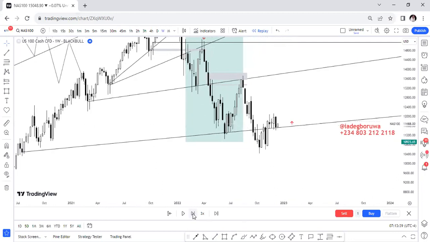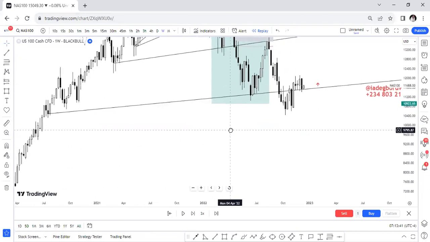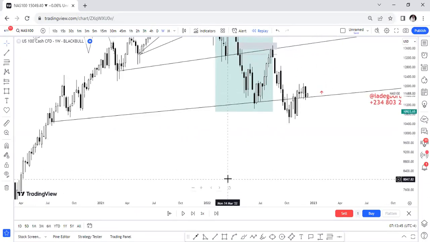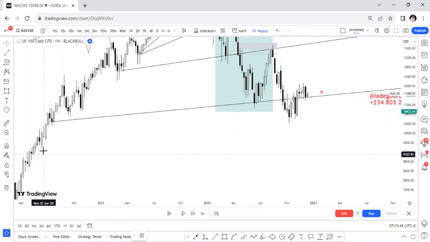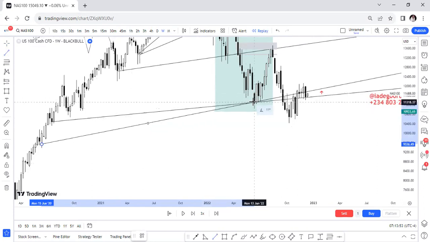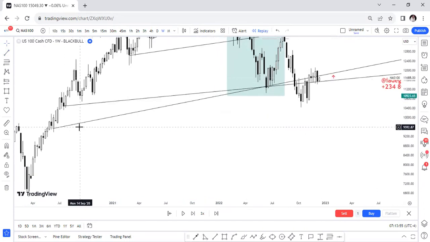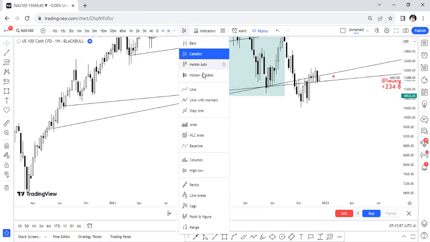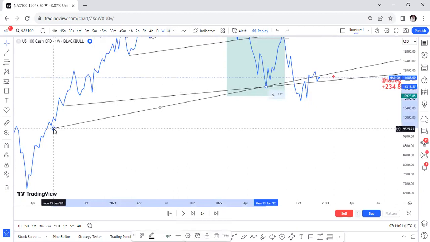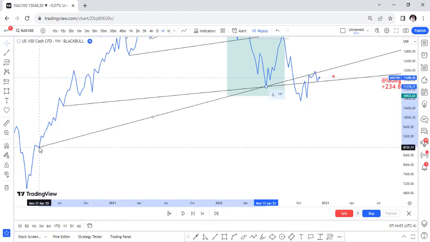Looking at this place, adjust this trend line, because you must be logical in drawing your trend line.